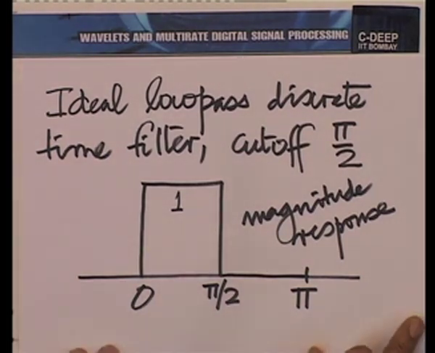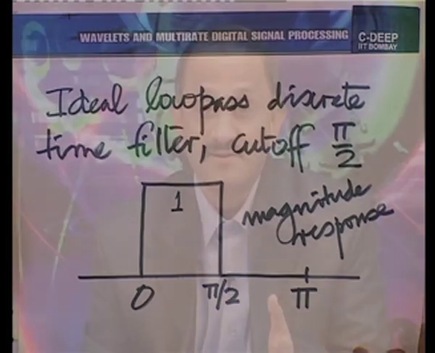Now, we shall understand this even better when we look at the magnitude response of the high pass or the other filter in the filter bank. But for the moment, let us complete our discussion by also drawing the phase response.